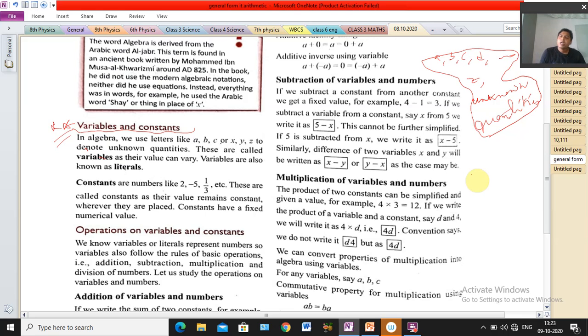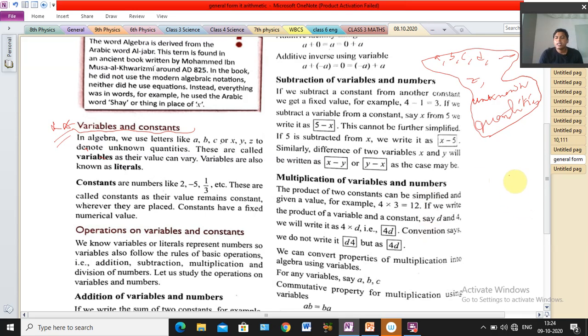So this type of unknown quantity is called a variable. The values of these letters or unknown quantities are varying, which means they can vary. That's why we say these are variables. Clear or not?